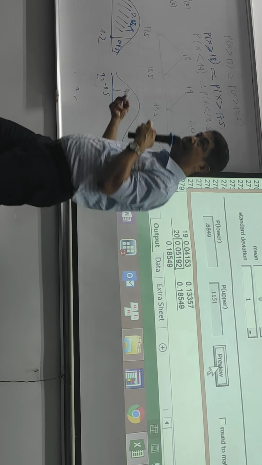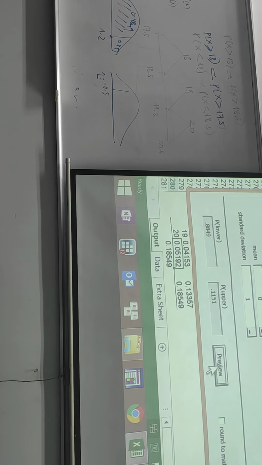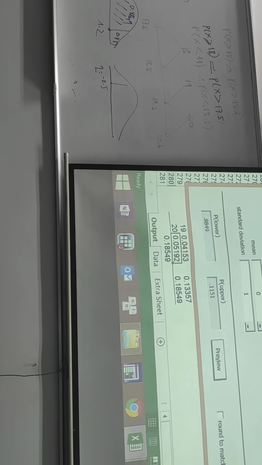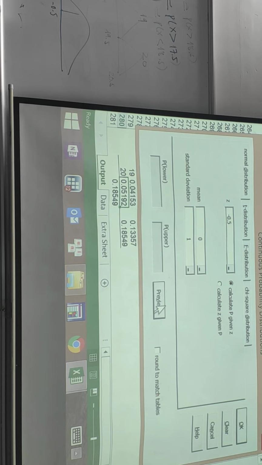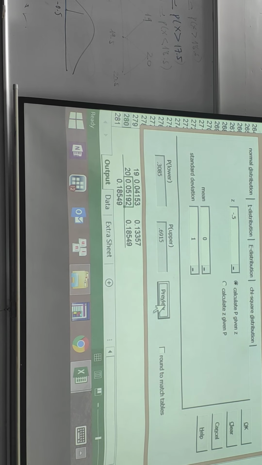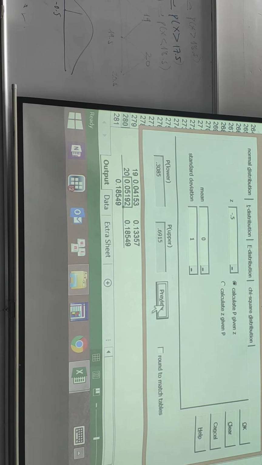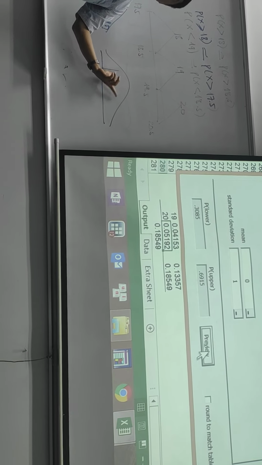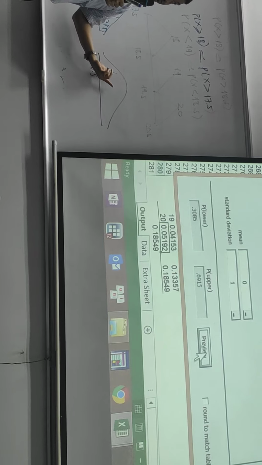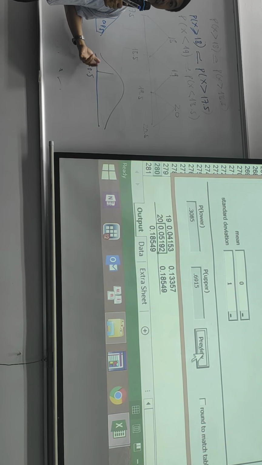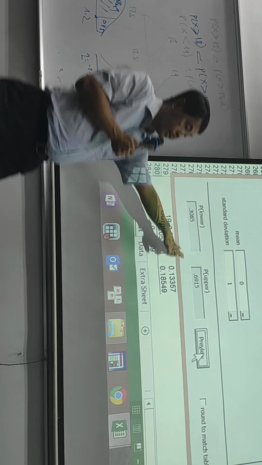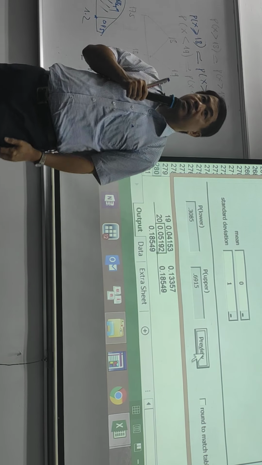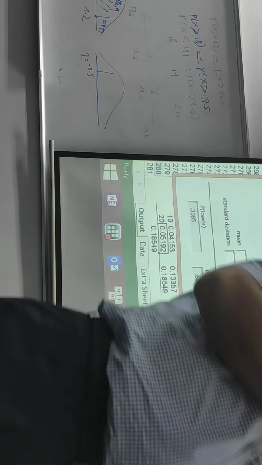This one is higher. So you see the lower side and the upper side is higher. Lower side 0.3, higher side 0.6. Get that? So that is the way you find the probability when you have z.